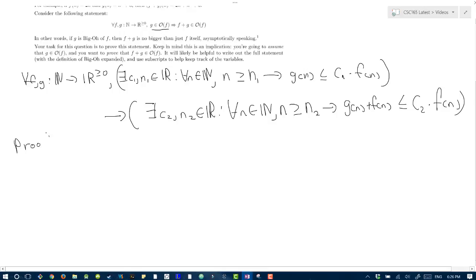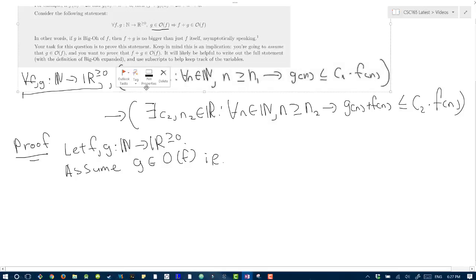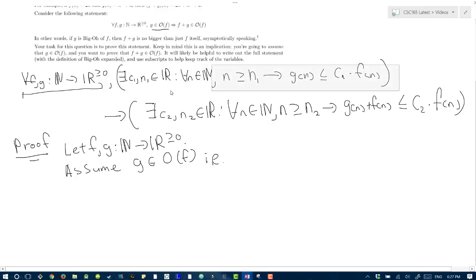Proof. Let f and g be functions from natural numbers to real numbers. Let's assume g is in big O of f, that is, we have this whole statement here. We'll just copy this over.